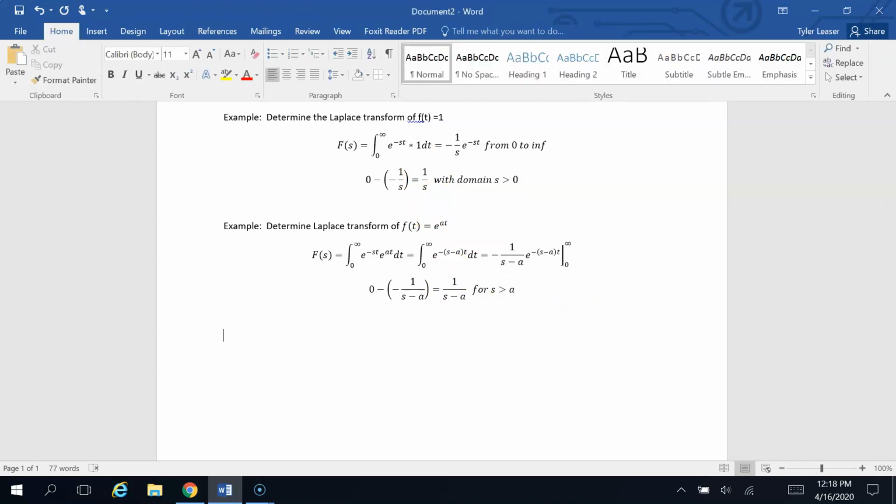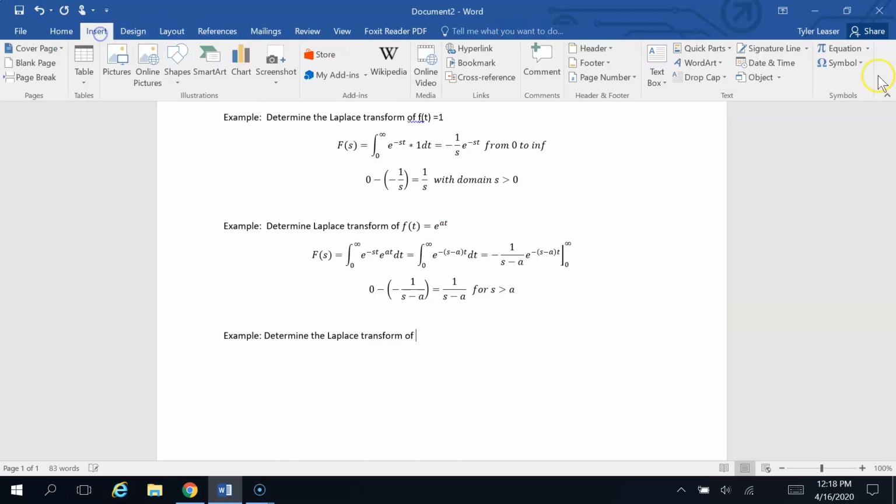We're going to do one more here in this video, and then we'll do some more in the next video. So the next example here, determine the Laplace transform of, and we're going to do the same thing that we saw a little bit ago in the book. So I'll write it the way the book writes it.